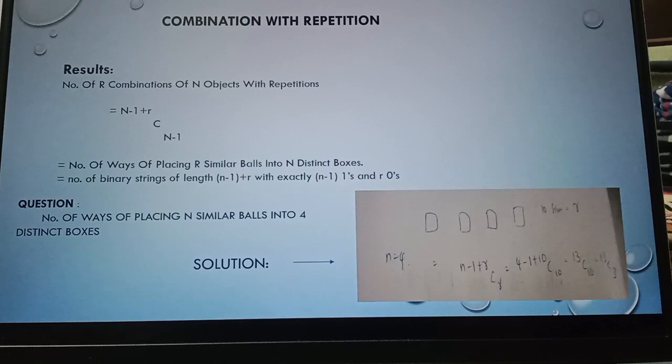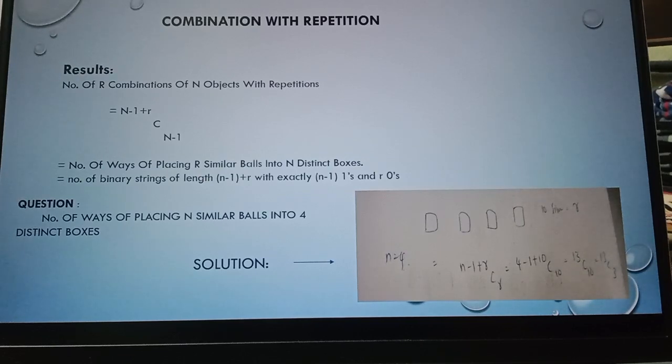What are those questions? For example, placing five red balls in six boxes. In such cases we use this formula, (n minus 1 plus r)C(n minus 1). For the next one also, the number of binary strings of length n minus 1 plus r with exactly n minus 1 ones and r zeros, we are using the same formula.